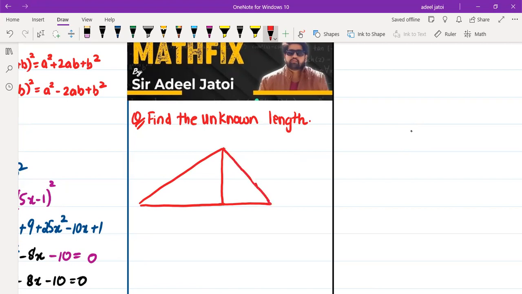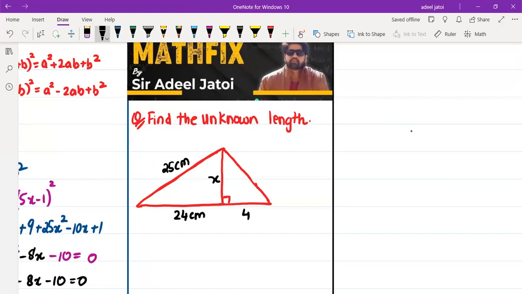So now we have the shape that is there. Now in this shape, we know that this is x, this is 90 degrees, this is x, this is 25 centimeters, and this becomes 24 centimeters.